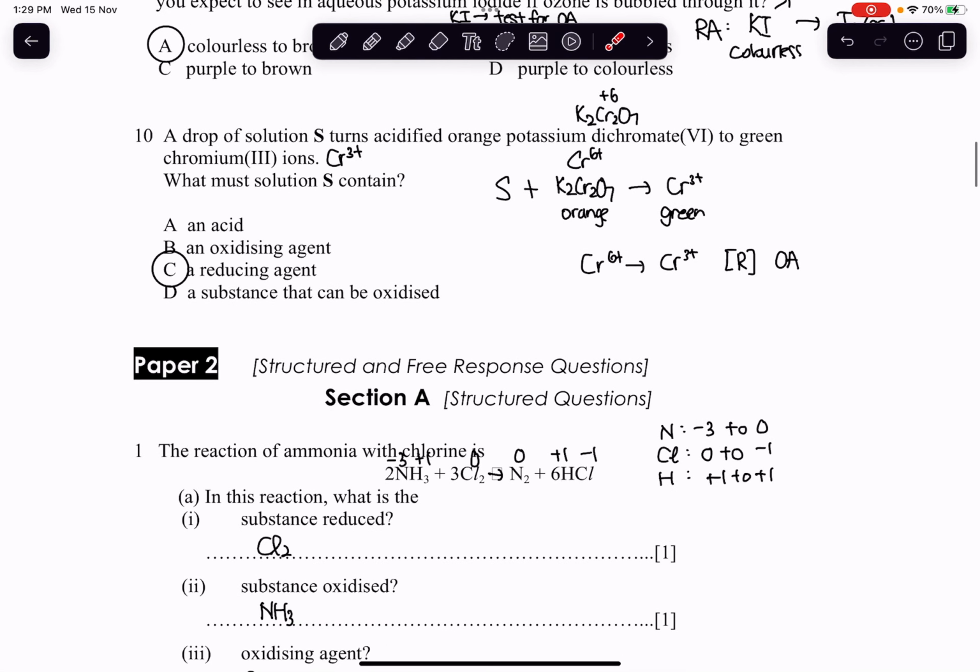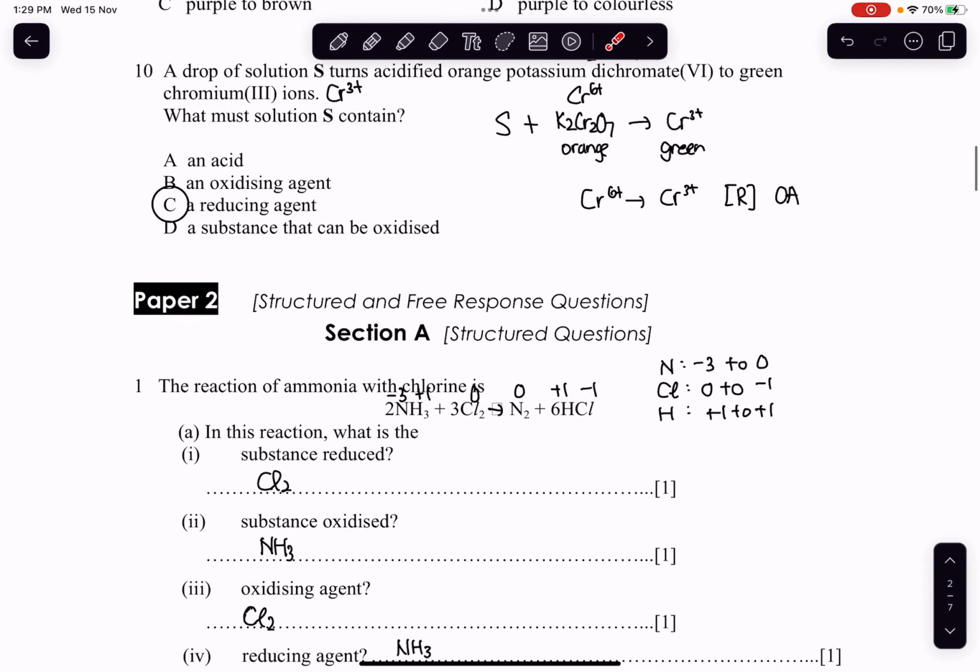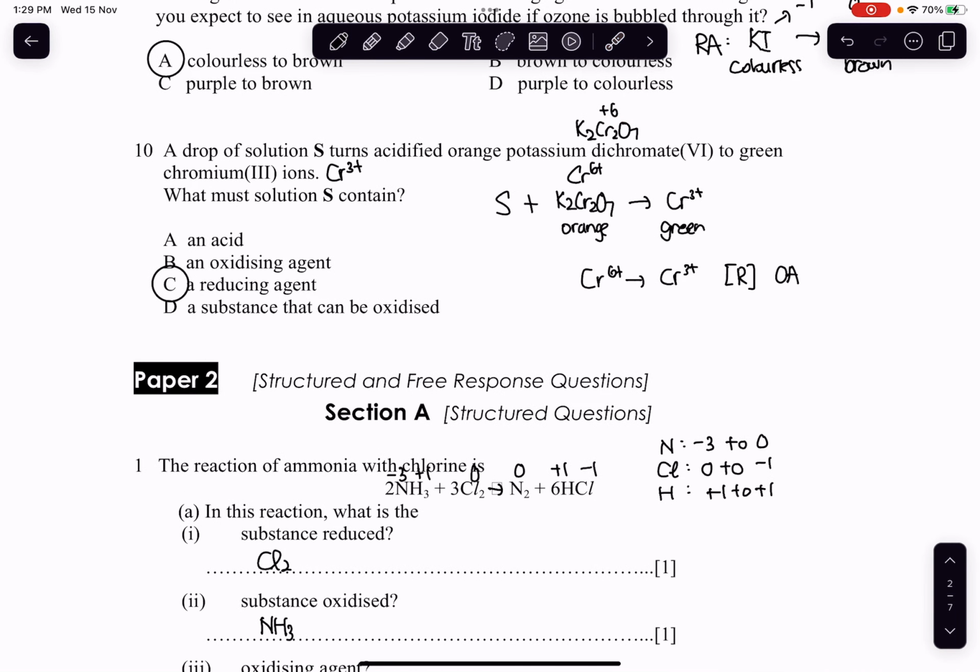Okay, question 10. A drop of solution S turns acidified orange potassium dichromate(VI) to green chromium(III) ion. So what is the change in the OS? It is +6, you go and calculate. Why? Because Cr2O7 is 2 minus.